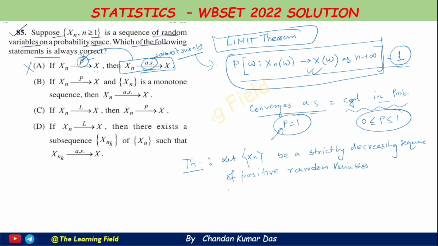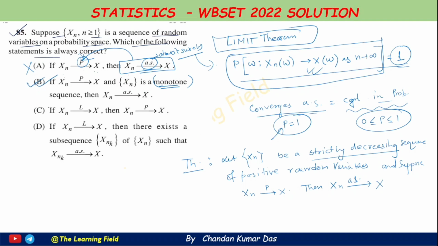Suppose Xn converges to X in probability, then what happens? Xn converges to X almost surely. This is the theorem. That means we need only the monotone decreasing part, and here it is given a monotonic sequence, but monotone decreasing or strictly decreasing is a case of monotone only. That's why option B is correct here.